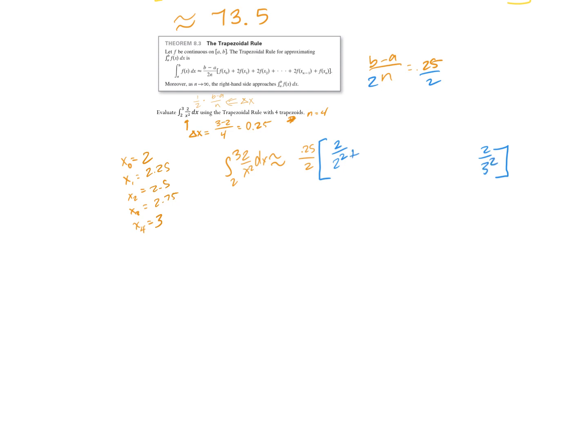My endpoints, I'm only using once. If I draw that picture, yeah? Okay? And then all of those interior ones, so these 3, how tall are they? They're f of whatever those values are. So I would do f of 2.25, which is really 2 over 2.25 squared.